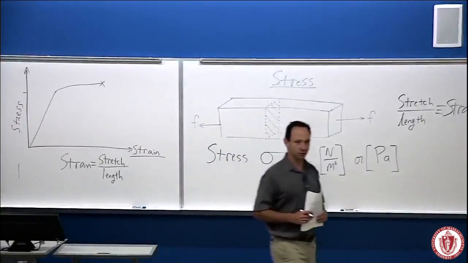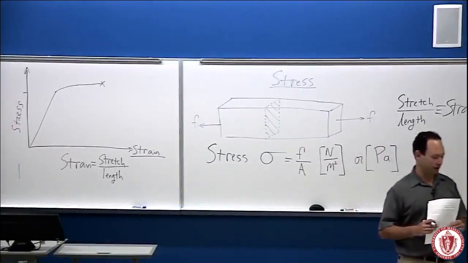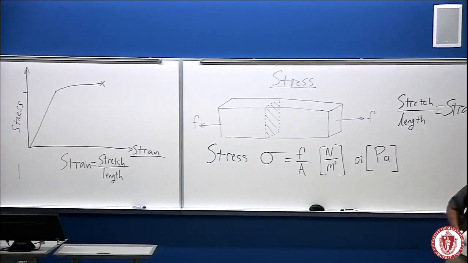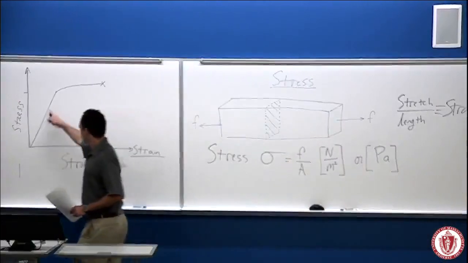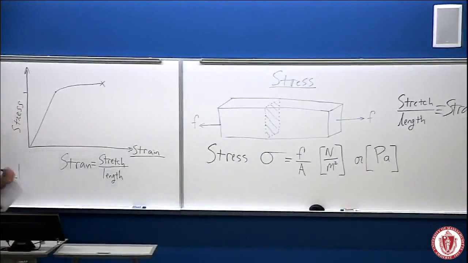It's very simple. You pull on it and it snaps back, and you can operate in here for a long time, just going back and forth, and you won't have any problems with failure. But you're going to get to a point, and this is called the yield stress.